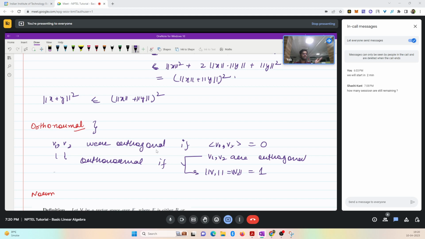That is, all of them should be length 1 vectors. You can extend this definition to any arbitrary n: V1, V2, ..., Vn are orthonormal if the inner product of Vi and Vk is 0, that is, they are orthogonal with respect to each other, and the norm of every Vi is 1.